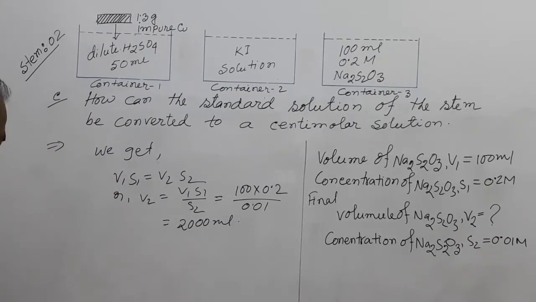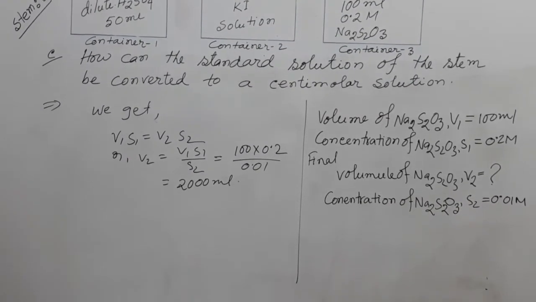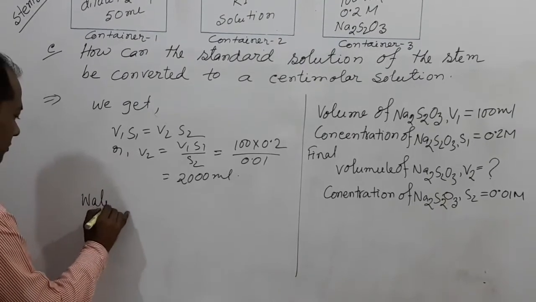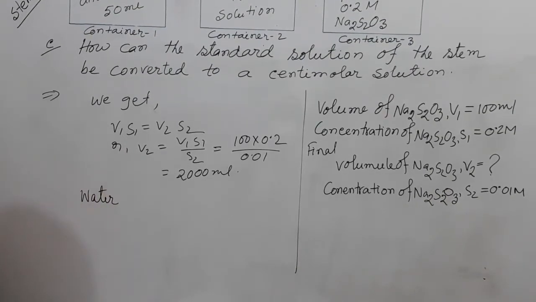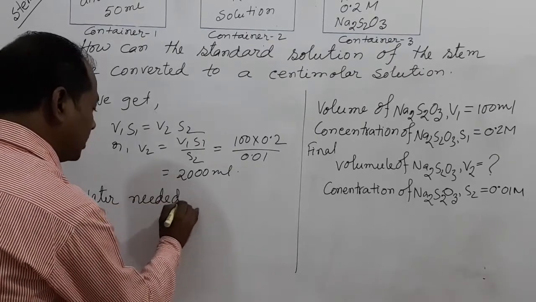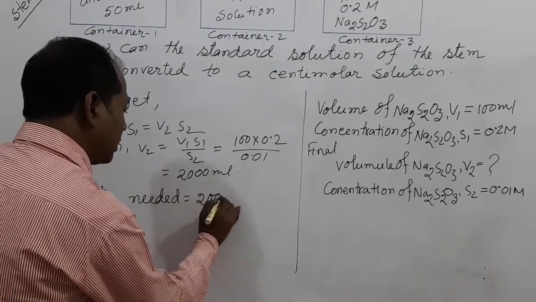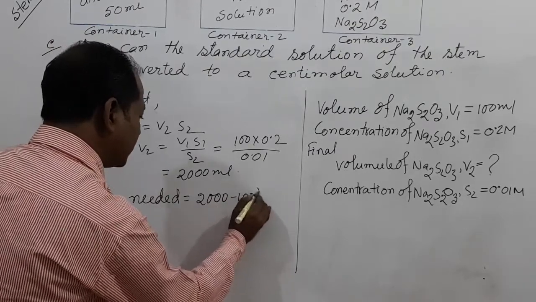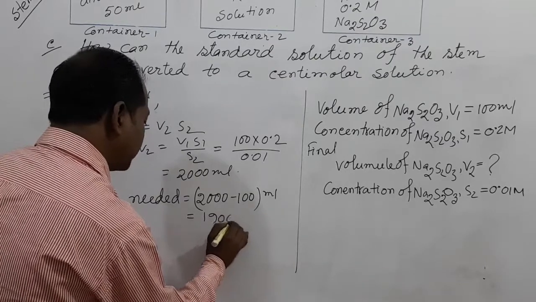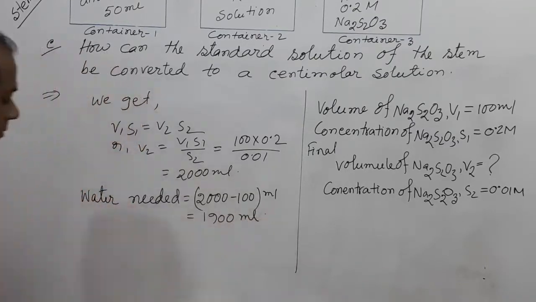Okay, my dear students, so the water needed equals 2000 minus 100 ml, equal to 1900 ml.